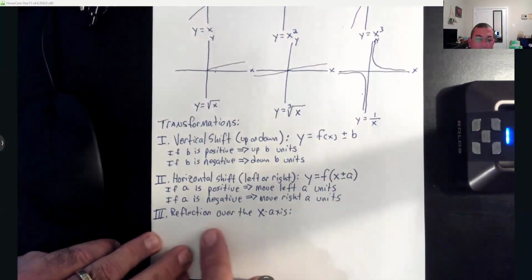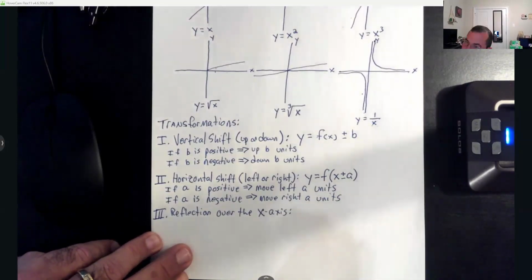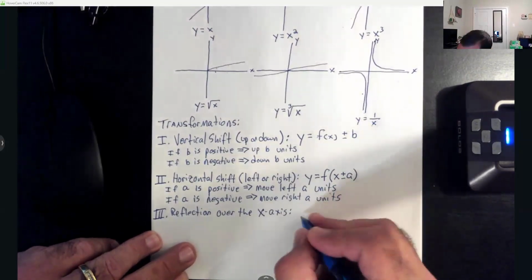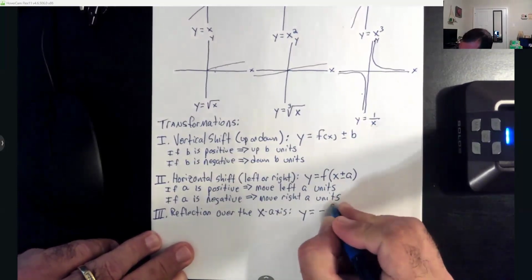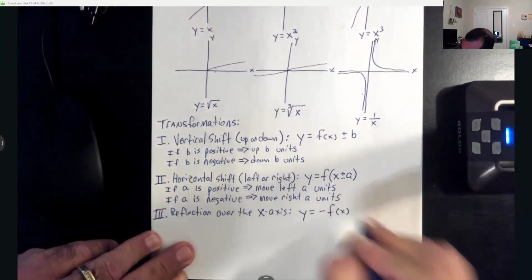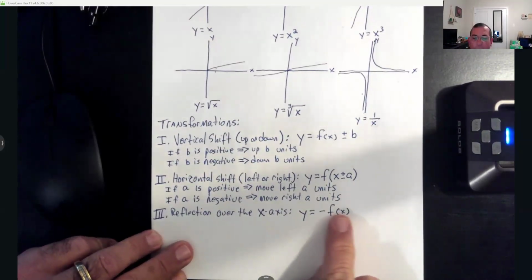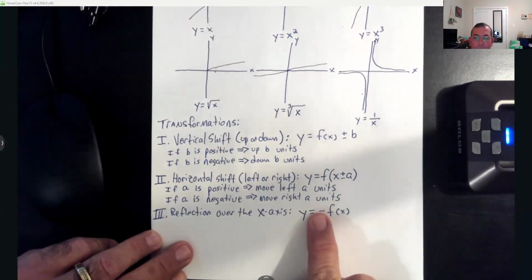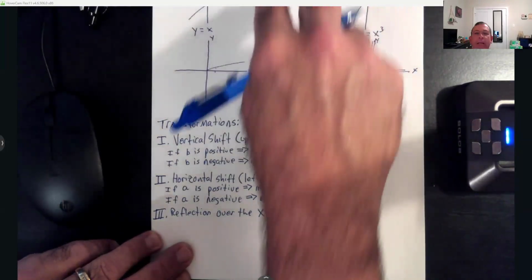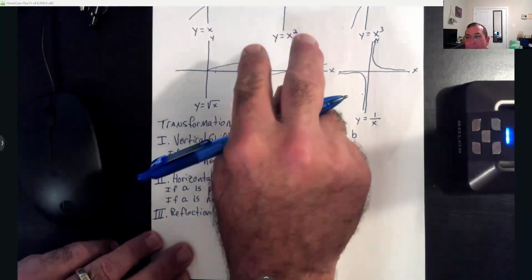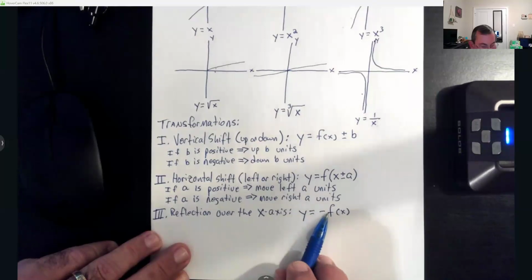We're only going to reflect over the x-axis at this point, and to do that, you would have a negative f of x. So what it's doing is it's taking all your values, multiplying by negative. So if they were up here in positive, it's going to flip them down and make them negative because of that negative, okay?